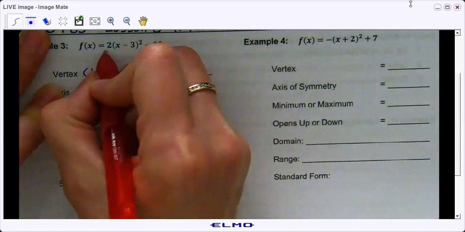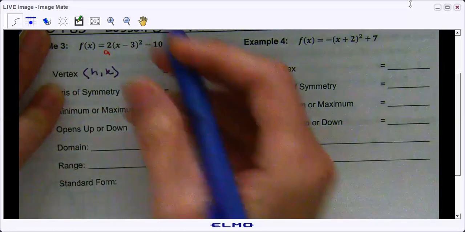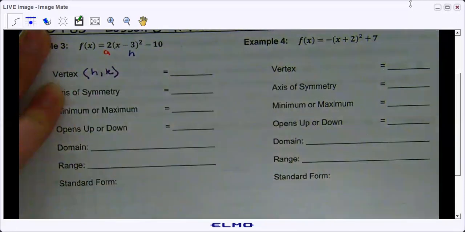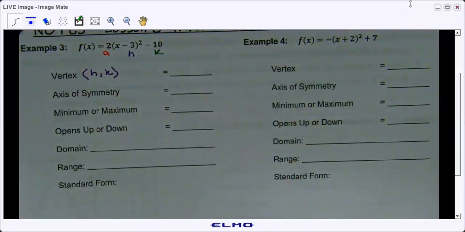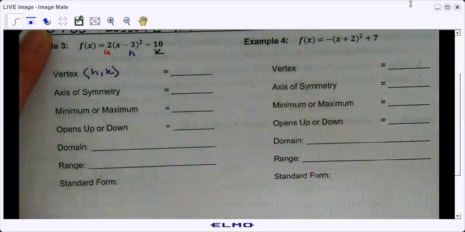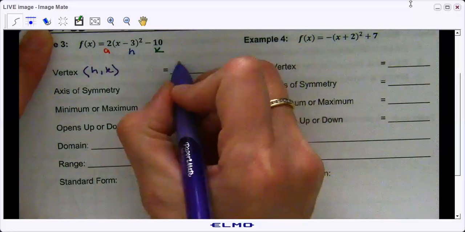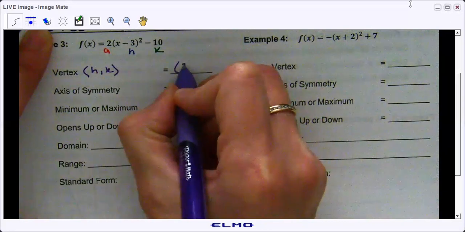You can label this as much as you want. A, H, K. Okay. So what is the vertex? Somebody want to tell me what that is? Esther. Yep. So we're going to have +3, and then what's our K? -10.